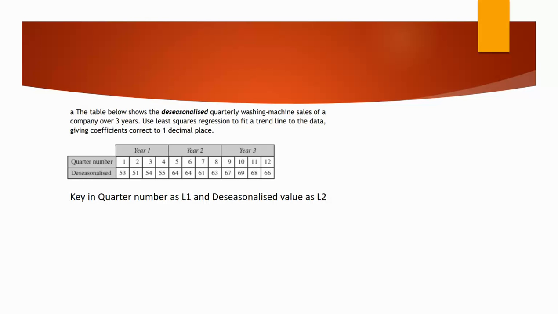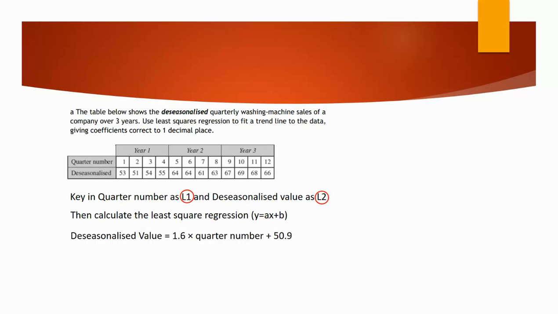To find the least square regression, key in the quarter number in L1 and the deseasonalized value as L2, and then proceed with your calculation for the least square regression, and you will get your gradient as 1.6 and y-intercept as 50.9.